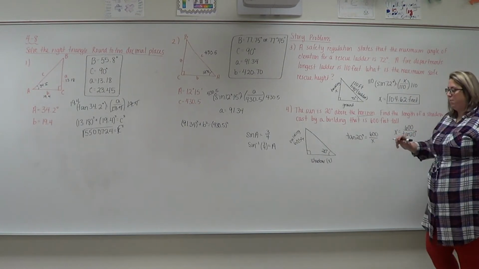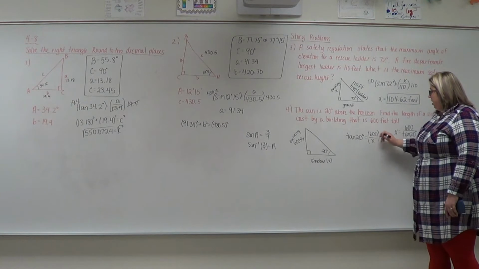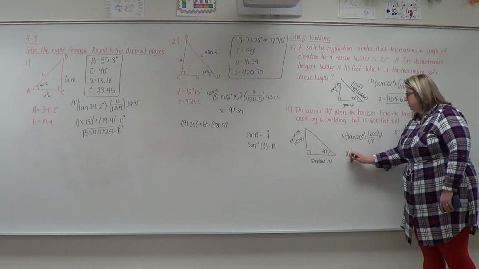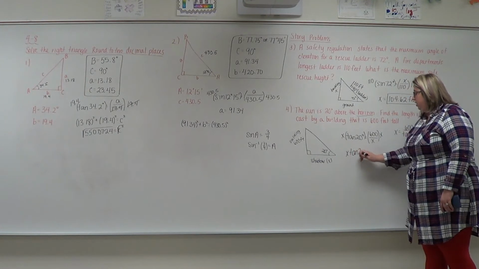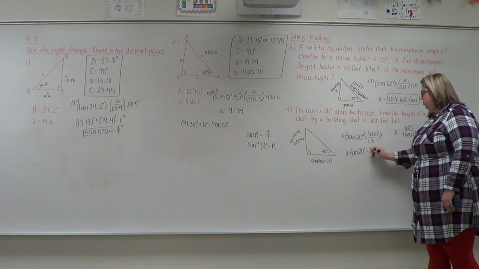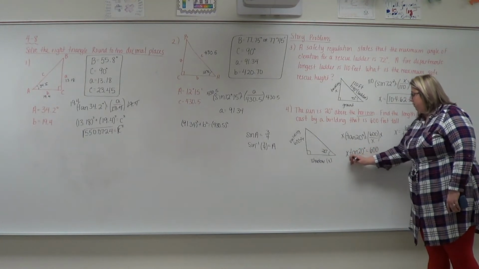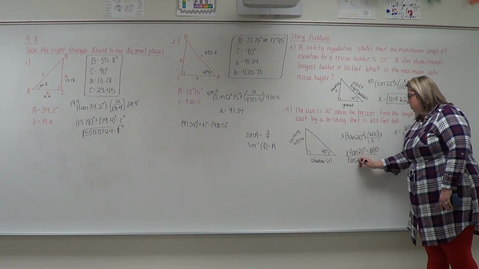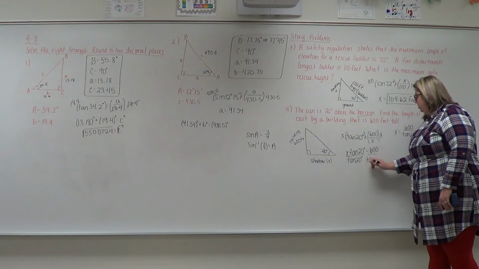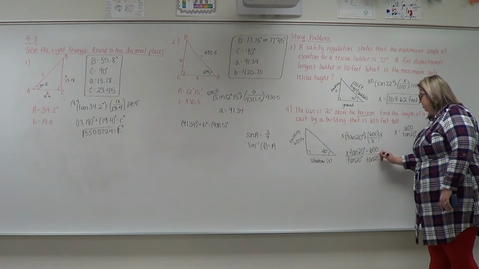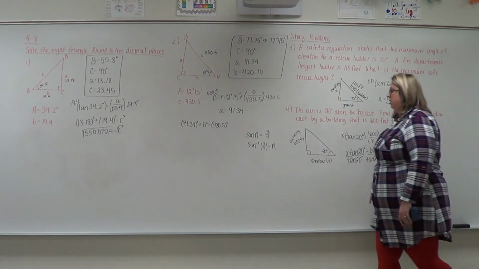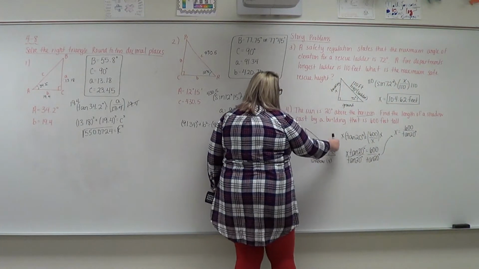Okay, here's how it works mathematically. To get rid of the denominator, you multiply by x. So then you have x tangent of 20 degrees equals 600. And then you divide by tangent of 20 degrees. Which is the same thing as doing the shortcut. This is how it algebraically works.